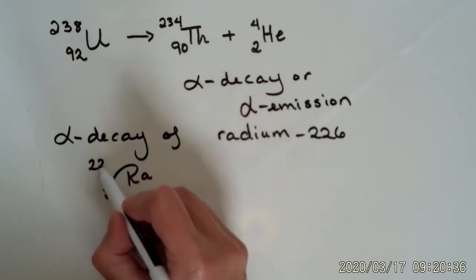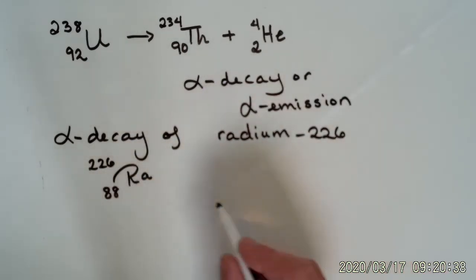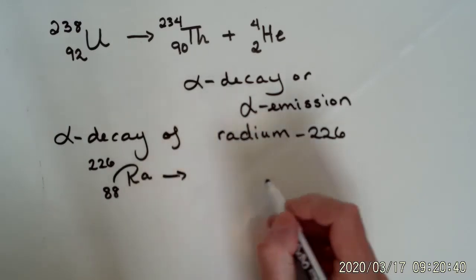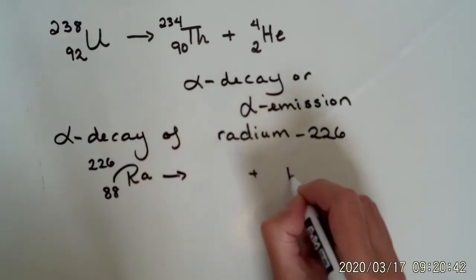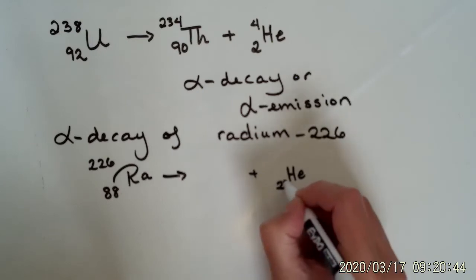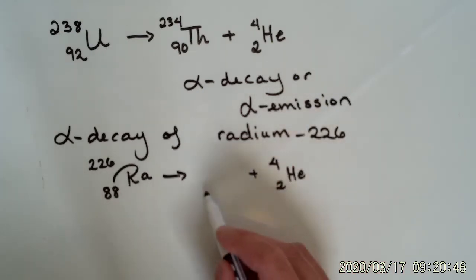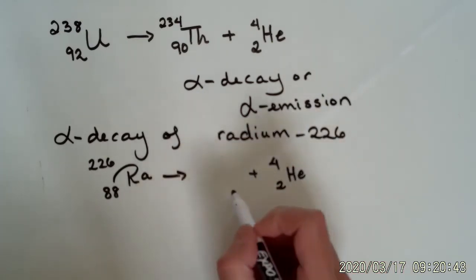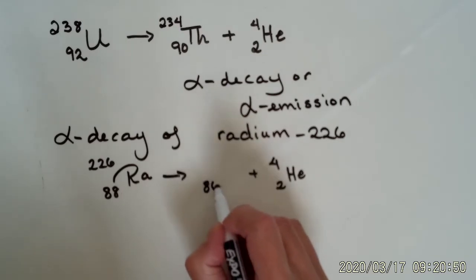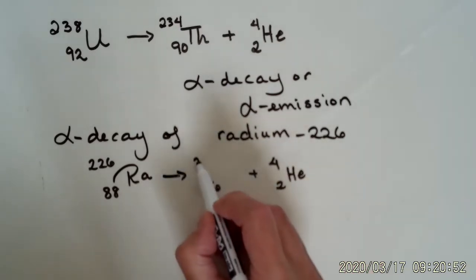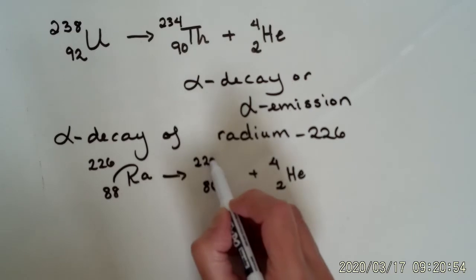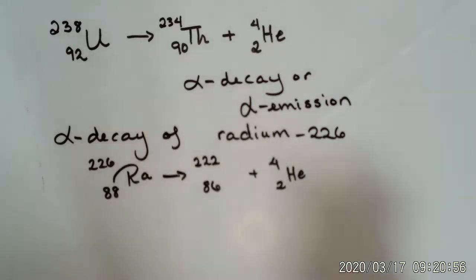My isotope is 226. I have an alpha decay, so we know that's a helium nuclide. So we know that I have to have 86 protons here, and it's 222 for my mass number there.